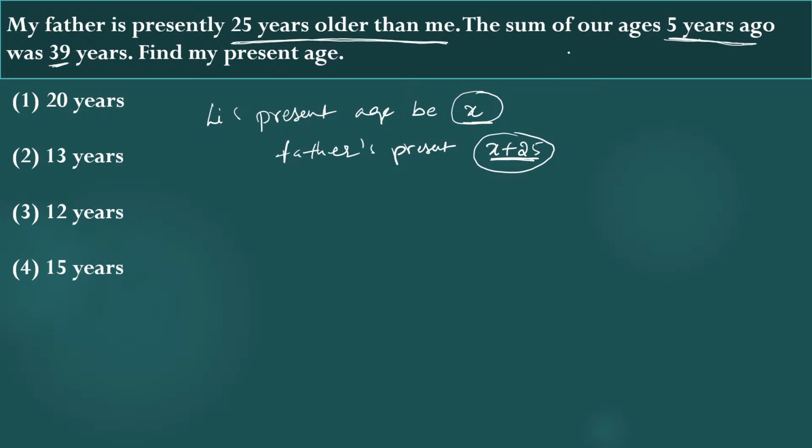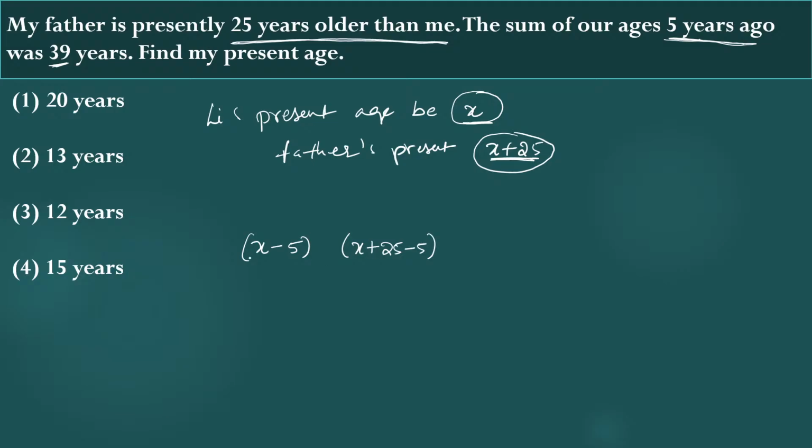The sum of our ages 5 years ago. My age 5 years ago is x minus 5, and my father's age 5 years ago is x plus 25 minus 5.